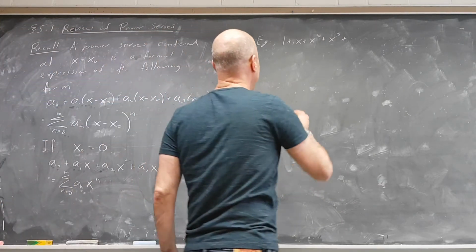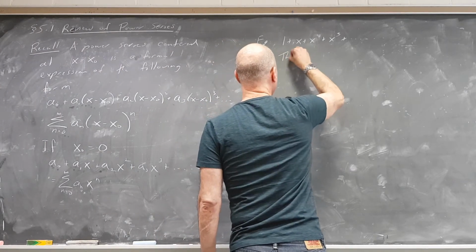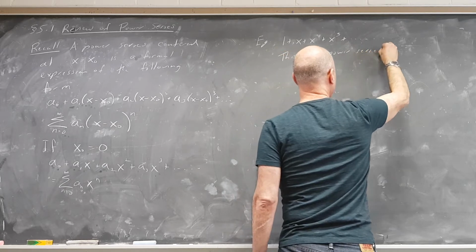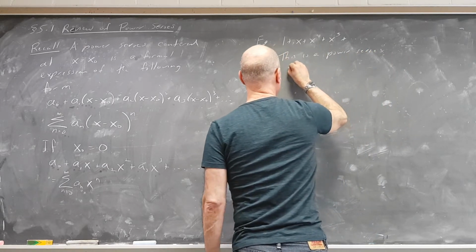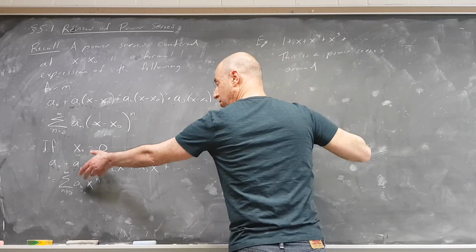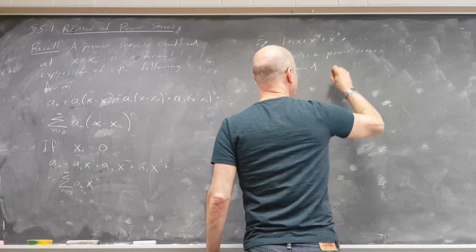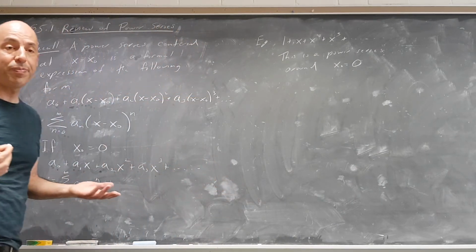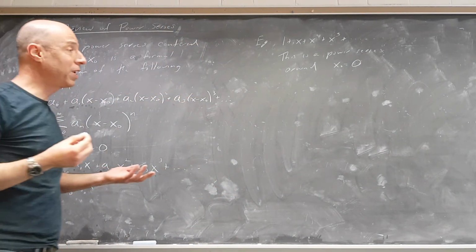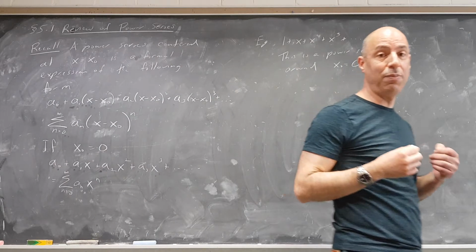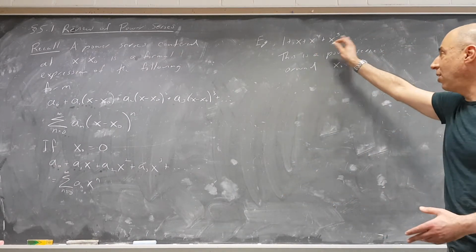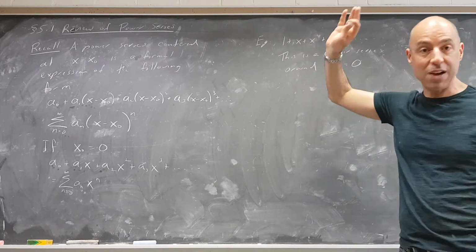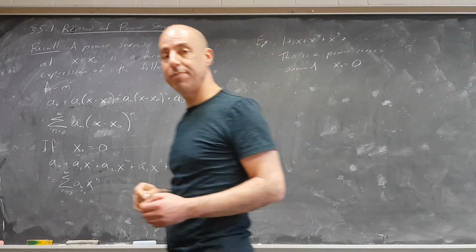This is a power series around x naught equals 0. Just as an example, you can put any number in front of any power of x and it's still a power series. They don't all have to be the same. You could have 1, 2, 5, 8, whatever. They can all be different.